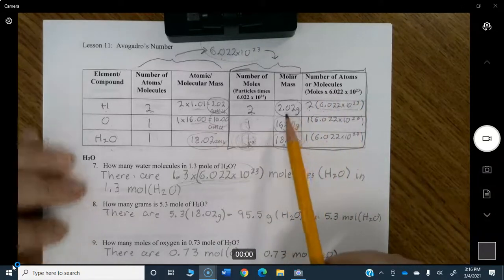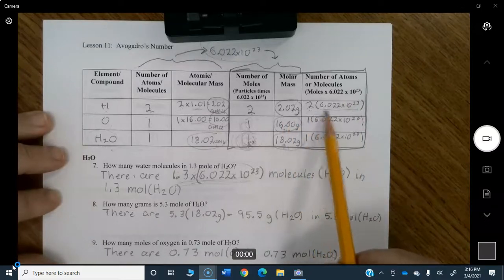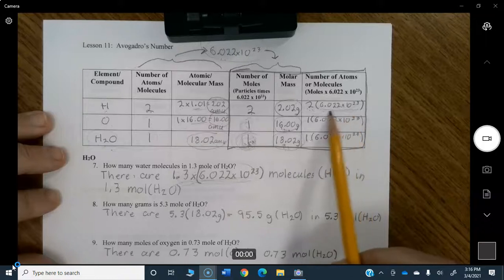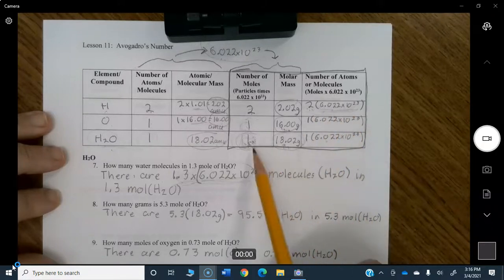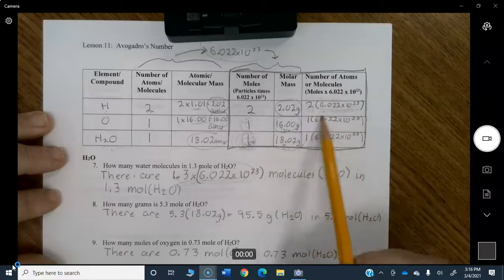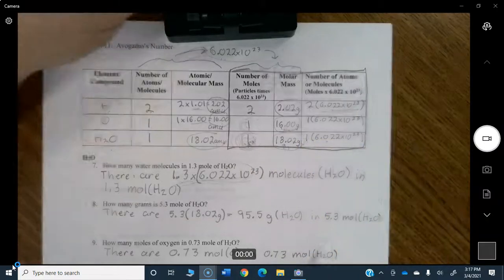Okay, so let me say that again. There's 2 moles of hydrogen, or 2 times 6.02 times 10 to the 23rd atoms in 1 mole of H2O. If I want 7.31 moles of H2O, then I'm going to need to take this entire number and multiply it by 7.31. So let's go ahead and do that.